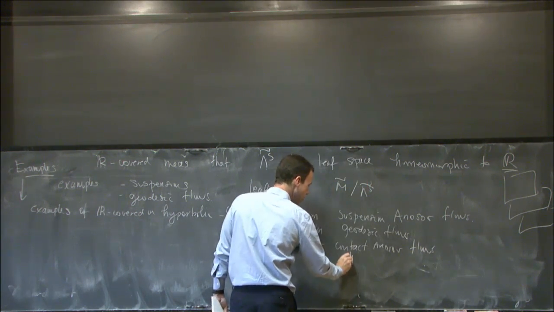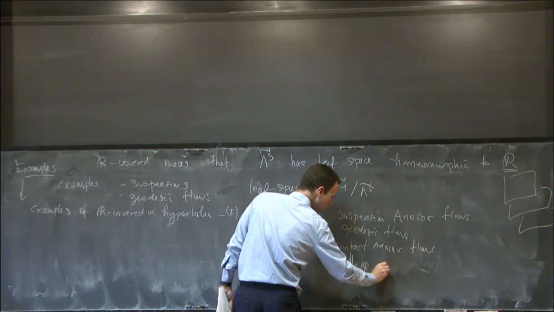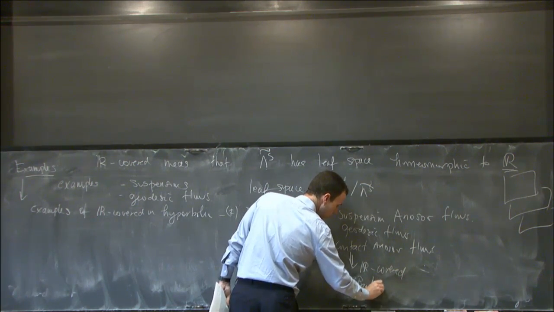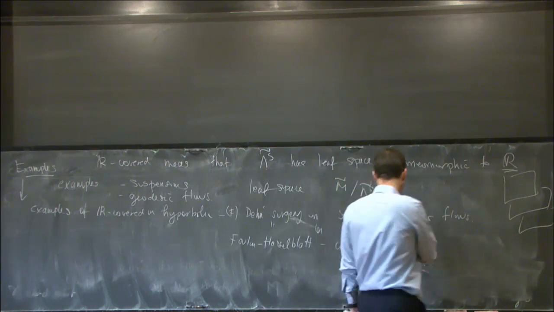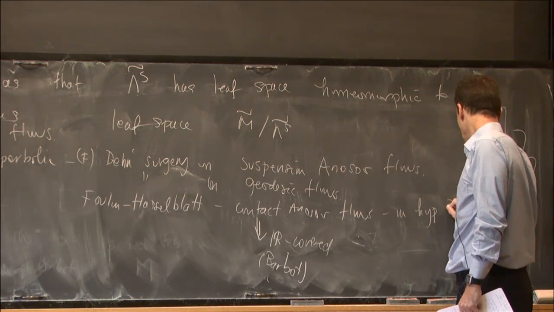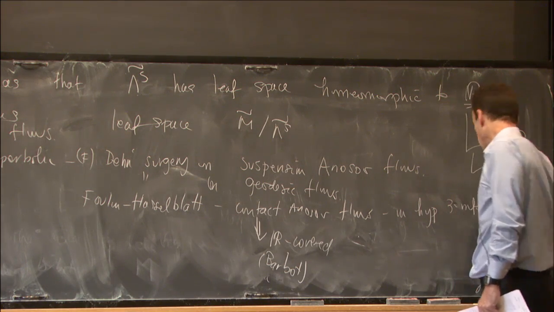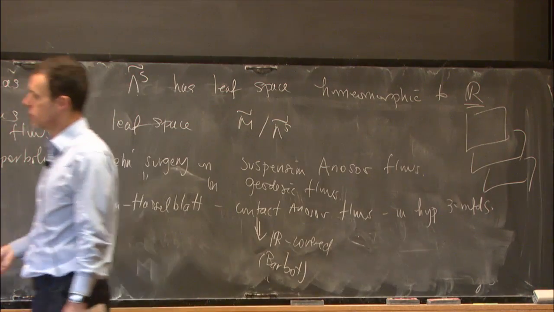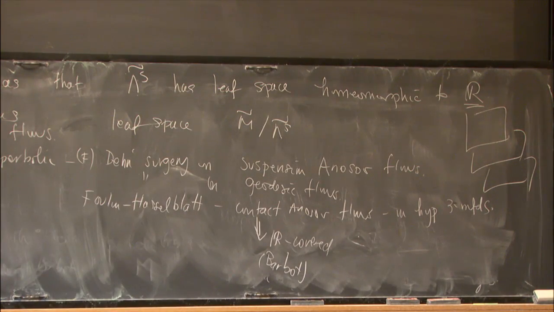If it's contact, this implies that this is R-covered by a result of Barbot. And like I said before, lots of their examples are in hyperbolic 3-manifolds. Okay, so there are lots of examples where you get the condition that the manifold is hyperbolic and it's R-covered.